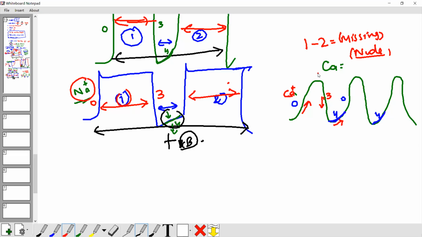This is your calcium, and this calcium is responsible for depolarization of the conductive system. Clear or not?